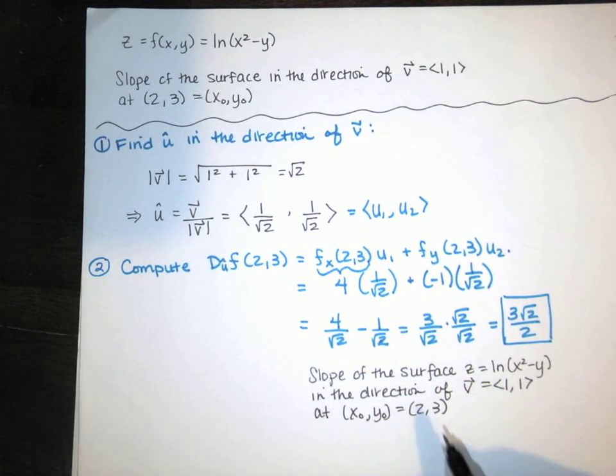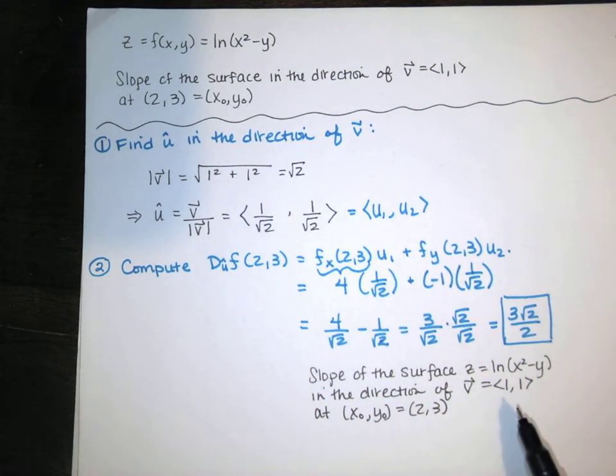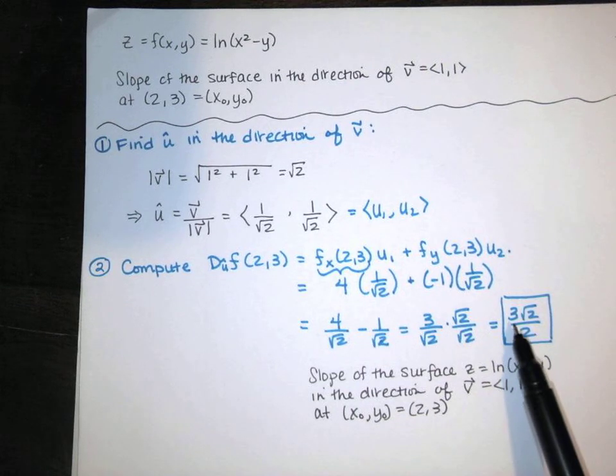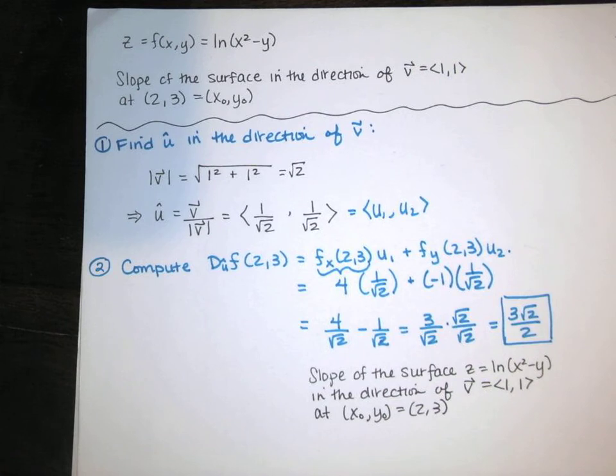So we start at 2, 3, we go 1 unit in the x direction, 1 unit in the y direction, and we find a plane that intersects our surface that goes in that direction. And then we say, how much does z change in that direction? It turns out that z changes by 3 square root of 2 over 2 units per 1 unit change along that direction.